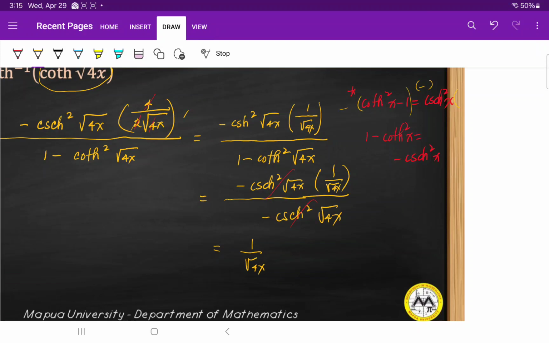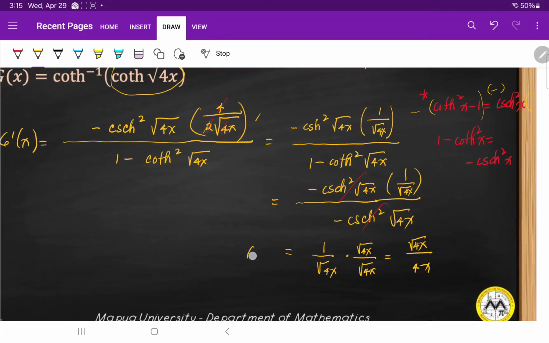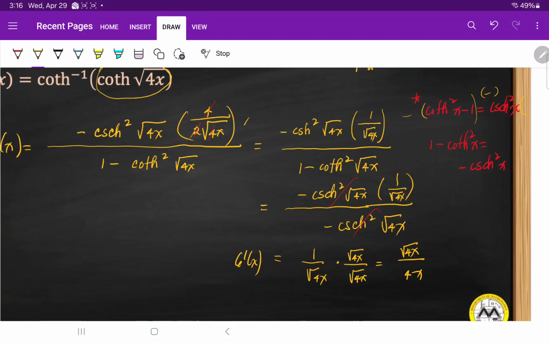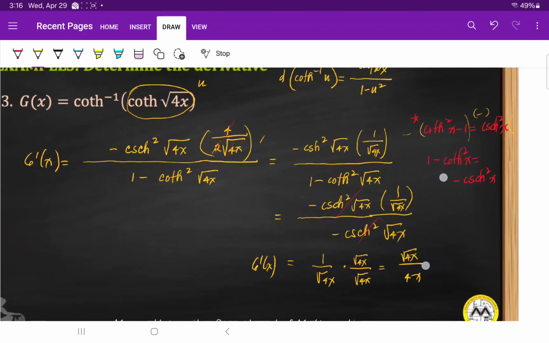Okay, so we can rationalize. If you rationalize square root of 4x, it becomes square root of 4x over 4x. That's your g prime of x. Okay, so hold on. We did something wrong.